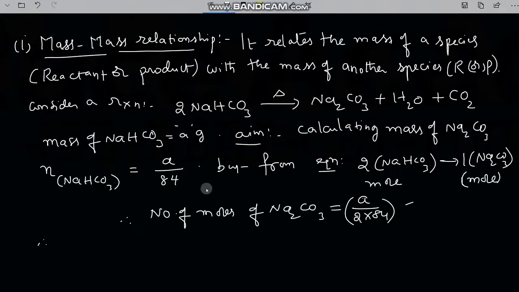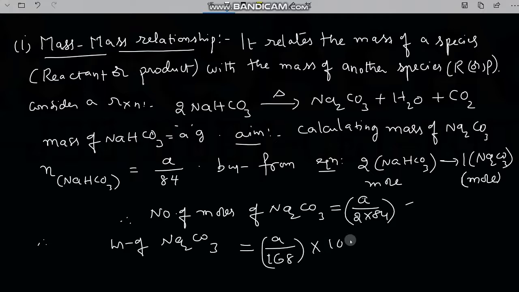So the weight of sodium carbonate produced will be equal to the number of moles we have already calculated, multiplied by its molar mass. So 2 into 84 is 168, into the molar mass of sodium carbonate, 106.